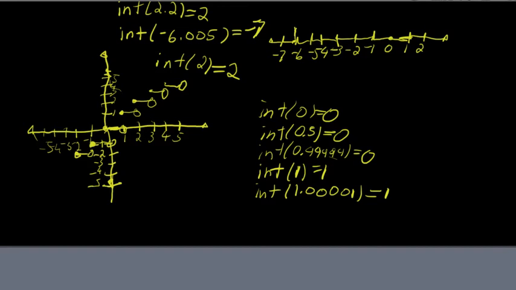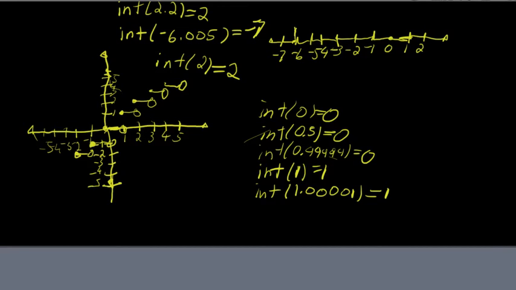Open circle means the function's not defined where the circle is open, but it is defined where the circle is closed. Okay, so if f of x is int of x, and we're looking at f of 1, well, f of 1 is 1, not 0. So that's why you see a filled circle at 1, 1.